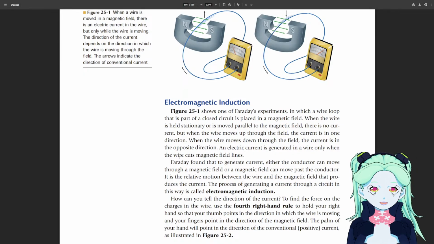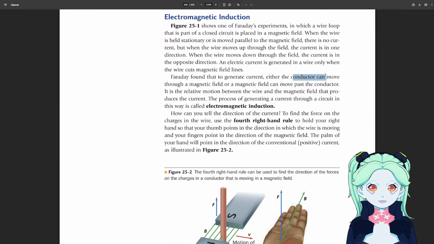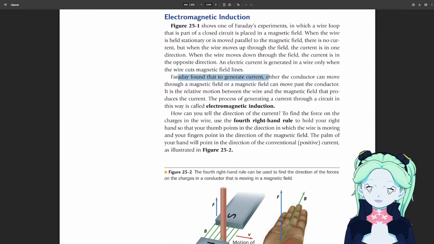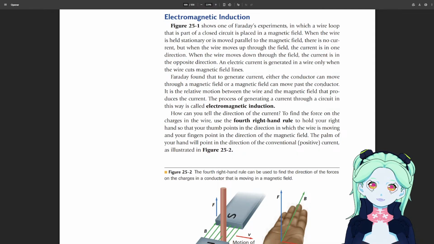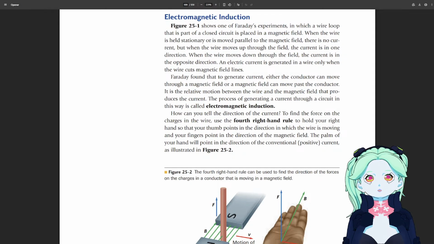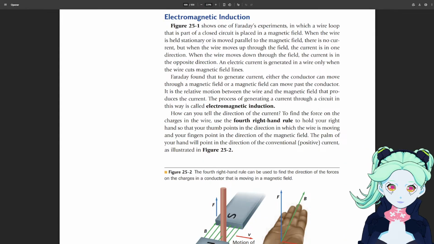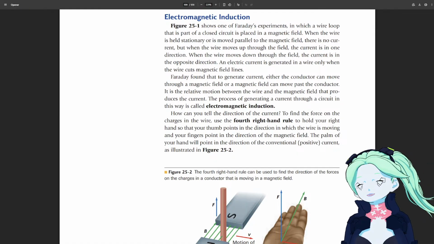Faraday found that to generate current, either the conductor can move through a magnetic field, or a magnetic field can move past the conductor. So it is the relative motion between the wire and the magnetic field that produces the current. You can move one or the other. But what does it mean to move the magnetic field?